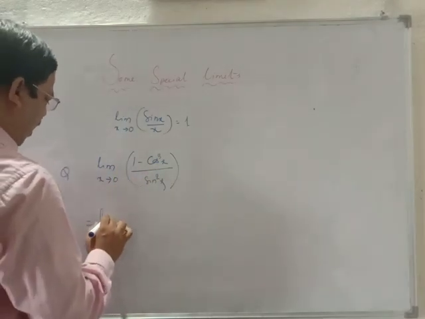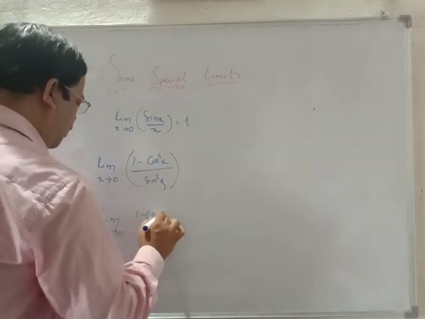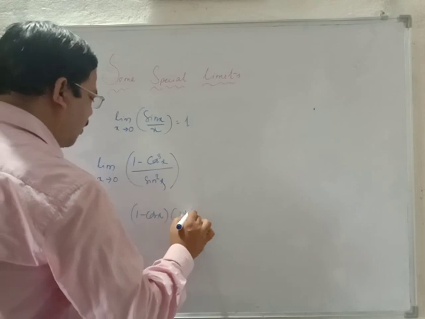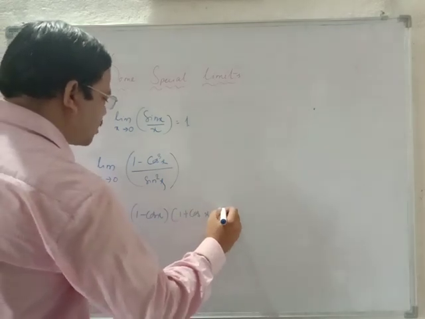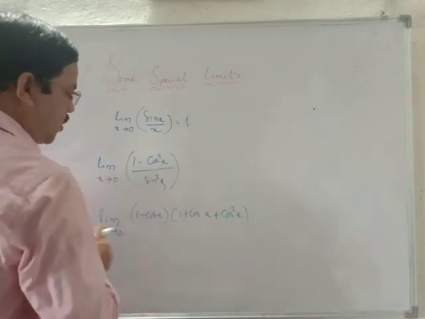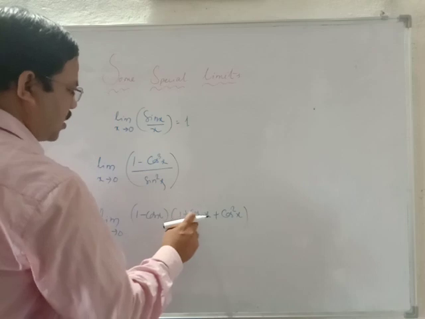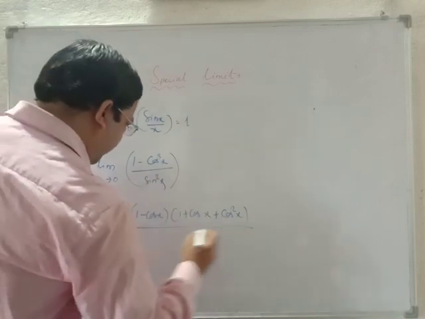So this is the same as limit x tends to 0, 1 minus cos x into 1 plus cos x plus cos square x, because it is a cube minus b cube, which is a minus b into a square plus ab plus b square, by sin square x.